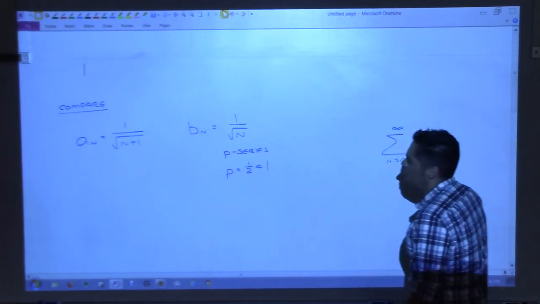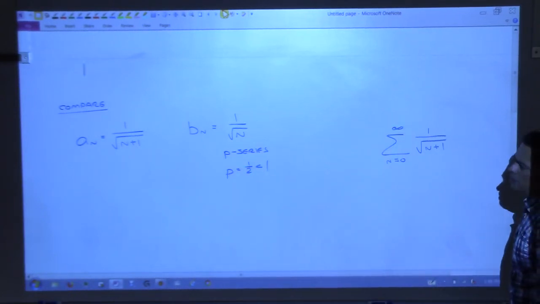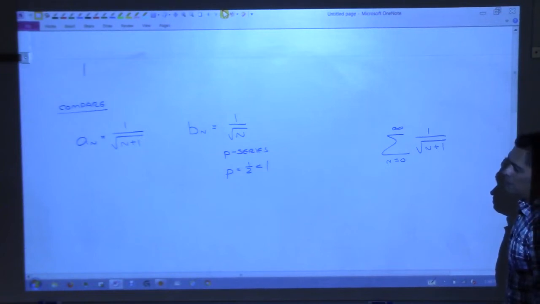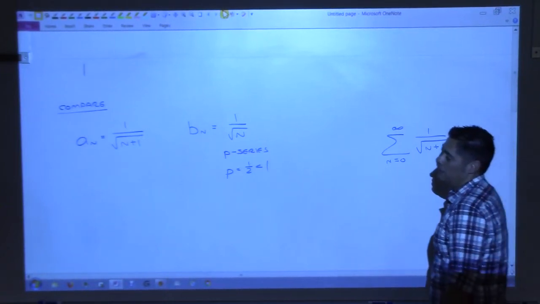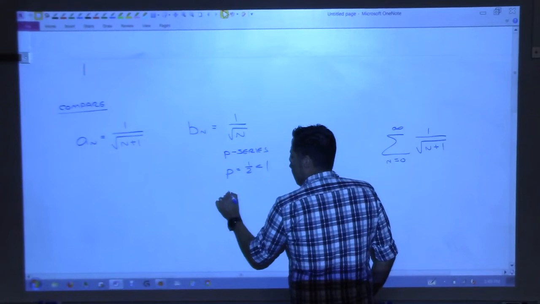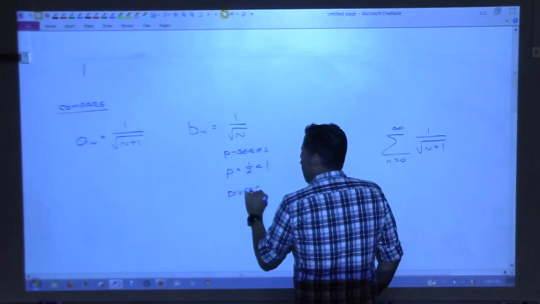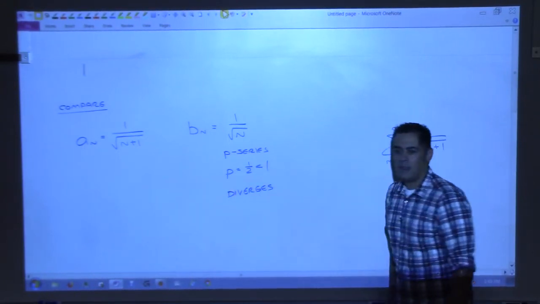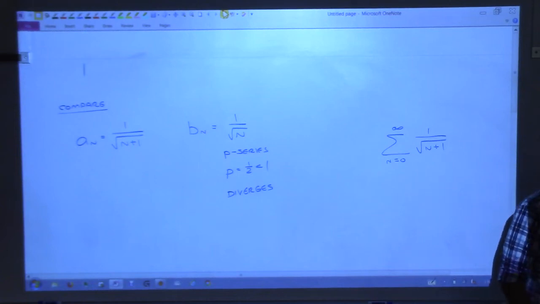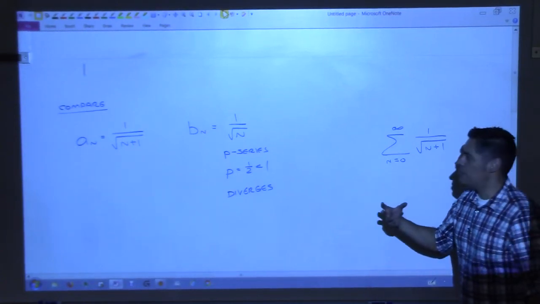And what happens when p is less than 1? It diverges. The way that I remember it is this.